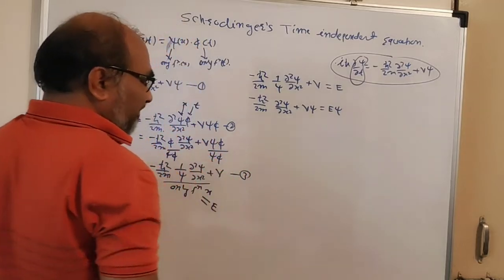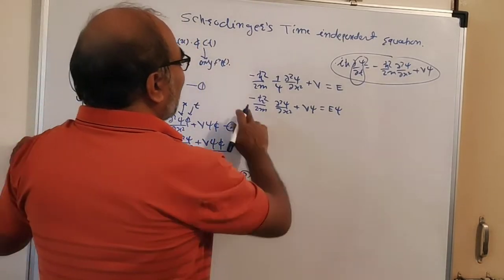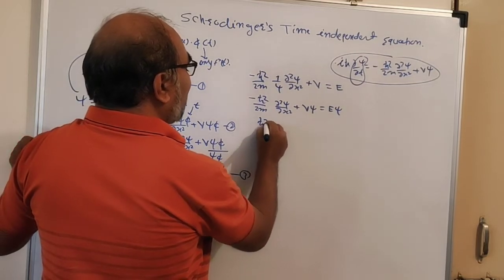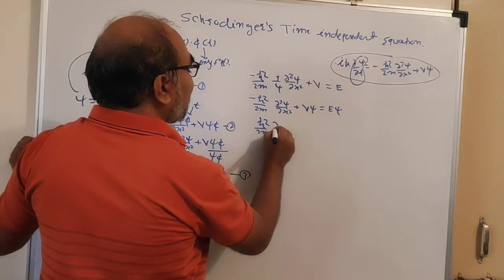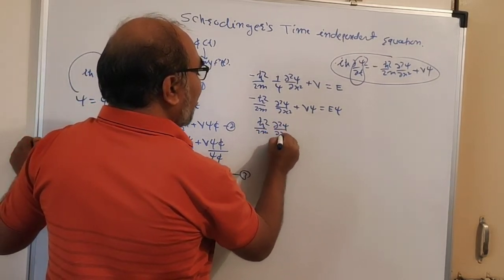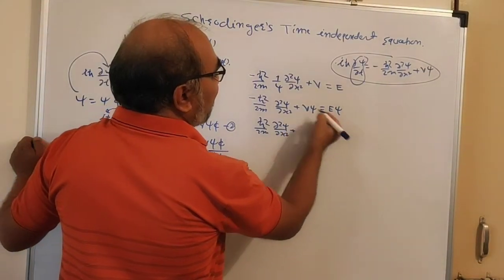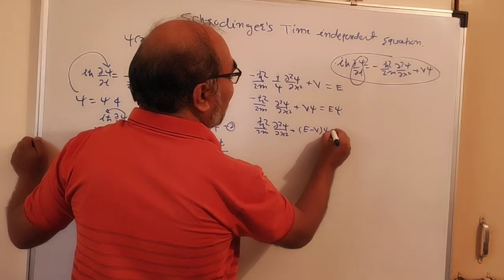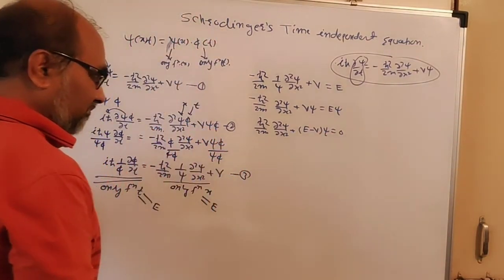Transfer E psi to the other side, it becomes minus, so h bar square upon 2m d2 psi by dou x square plus, taking common, (E minus V) psi is equal to 0.